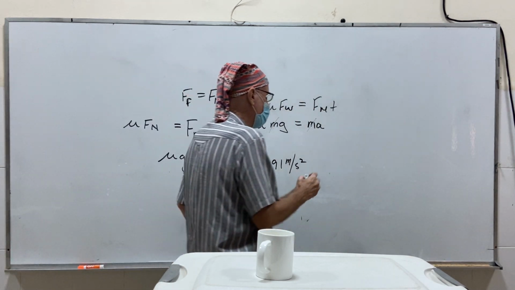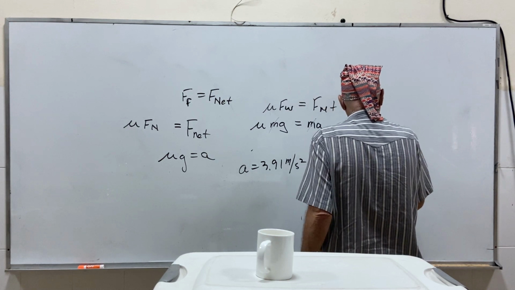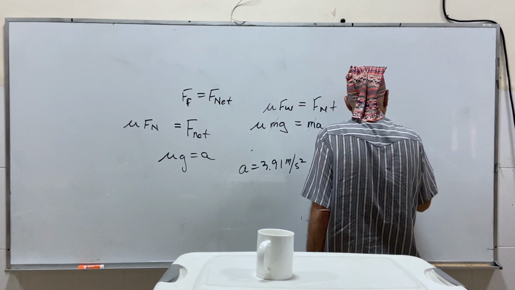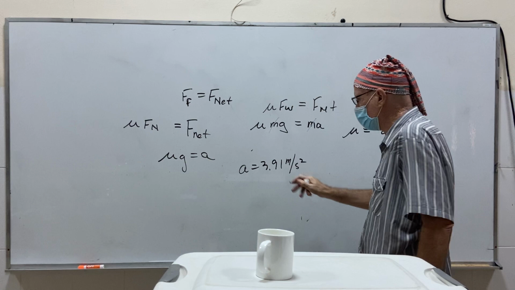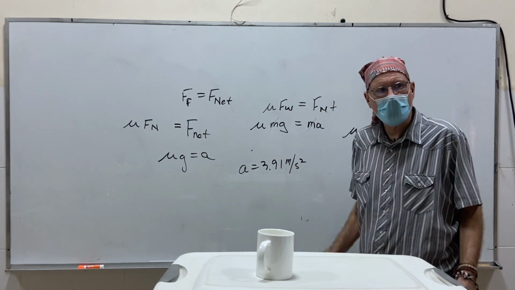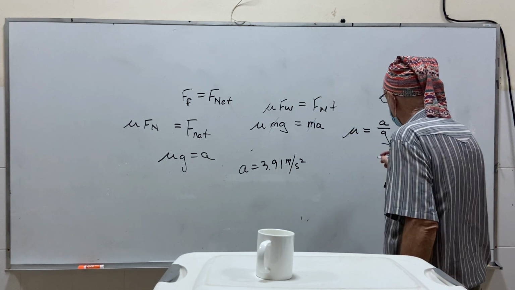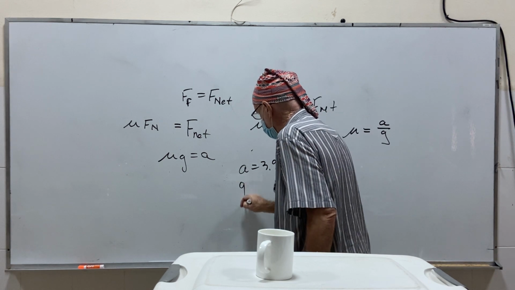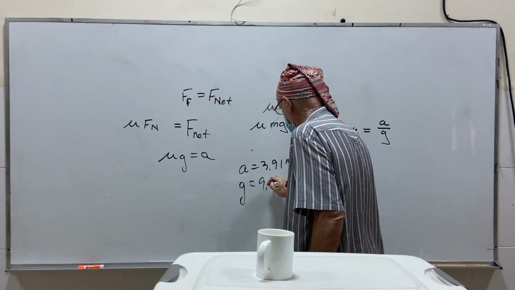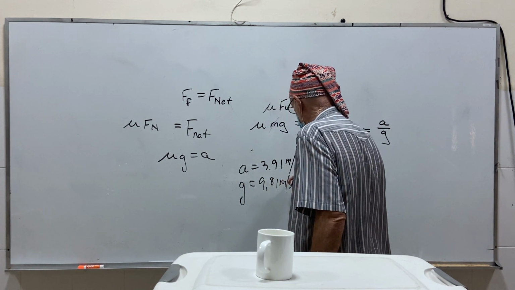So now we know that mu equals a over g. Here's a. If you want to get technical, g equals 9.81 meters per second squared.